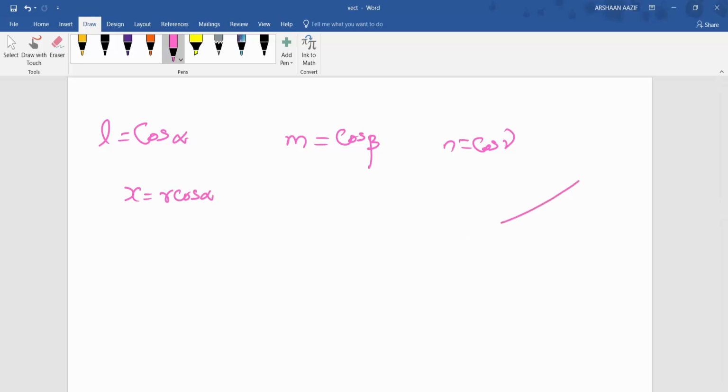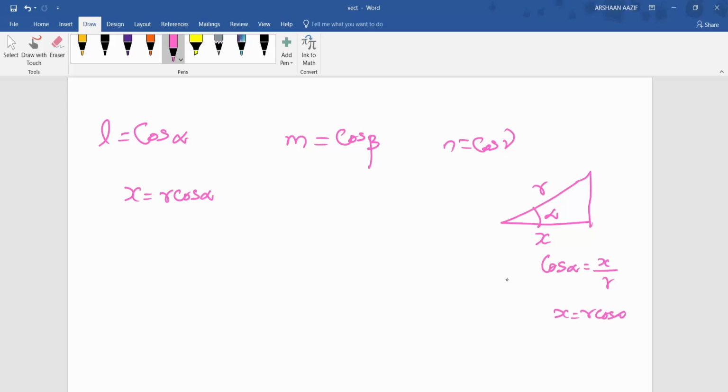Let me draw this along the x-axis alone. This is my r, this is my x component, this is my alpha. We have just used basic trigonometry. So cos alpha is equal to x by r, so x equals r cos alpha.